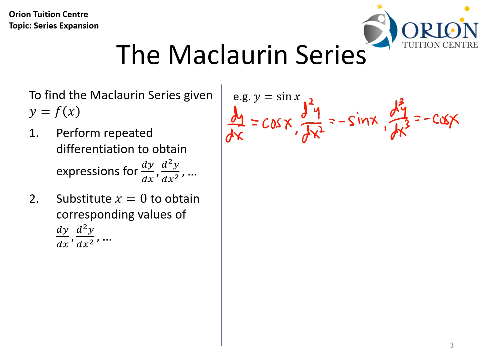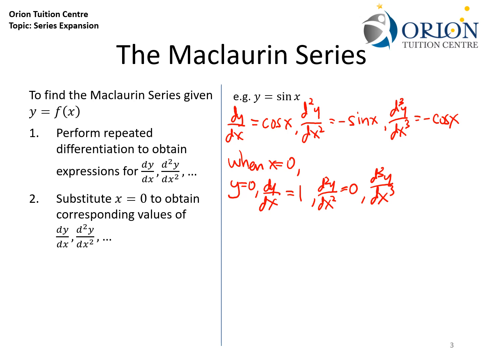Next, we find out the corresponding values of these derivatives when x is equal to 0. When x equals 0, y will be 0. dy/dx is cosine 0, which gives us 1. d2y/dx squared is negative sine 0, which is 0. And finally, d3y/dx cubed is negative cosine 0, which gives us negative 1.